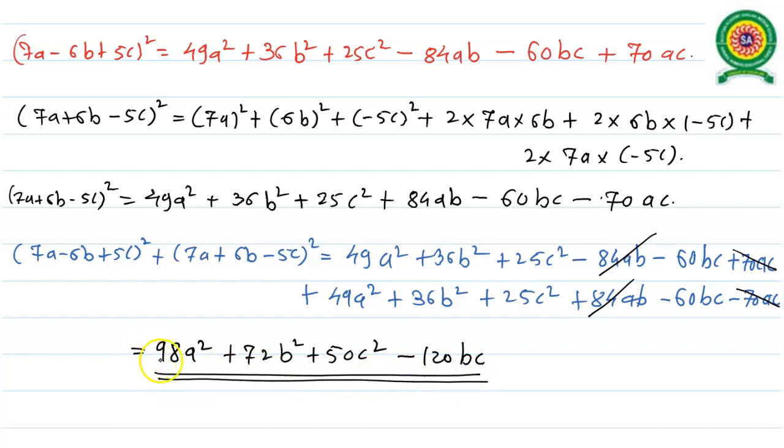So this is our simplification: (7a - 6b + 5c)² plus (7a + 6b - 5c)² is 98a² plus 72b² plus 50c² minus 120 times bc. So here we have our practice set 5.4. Thank you.